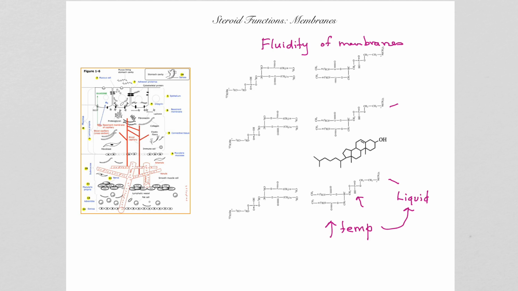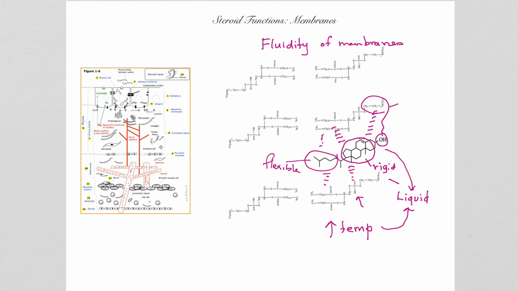In that case, the cholesterol tries to prevent too much of the membrane becoming liquid. Because it is strongly interacting, you can see the OH here is interacting with the polar group, while this rigid ring is interacting with the non-polar part, and then the more flexible non-polar part is also interacting with the membrane lipids on either side.